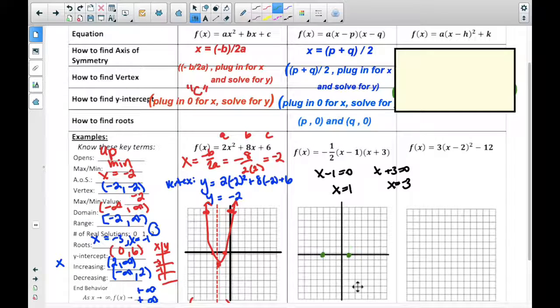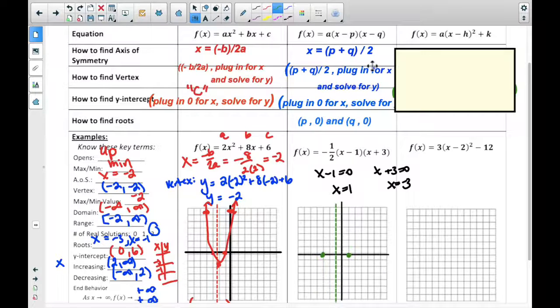My axis of symmetry will go down the middle, which I can just count on my graph, and I see that there's 4 boxes in between here, so I can just go over 2 boxes and make my axis of symmetry. I'm going to make that dotted. Okay, so there I have my axis of symmetry. So let's just go back.